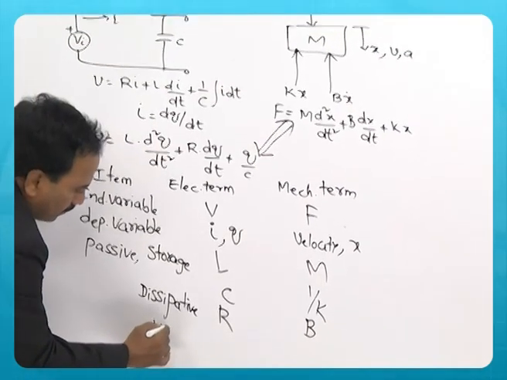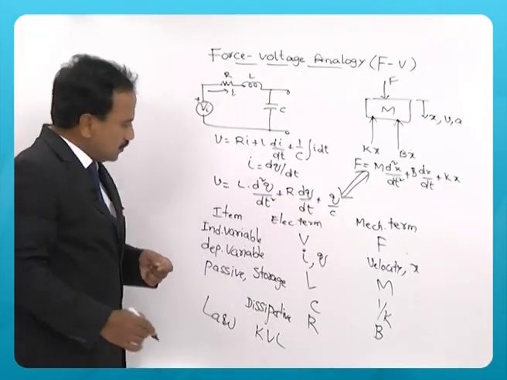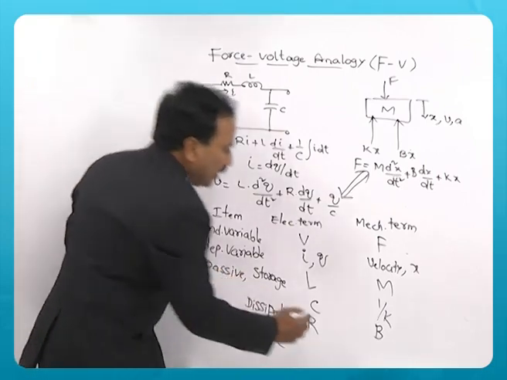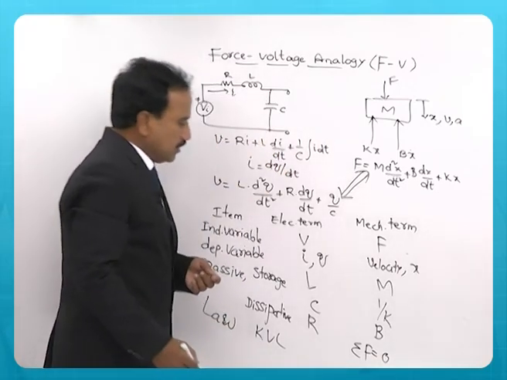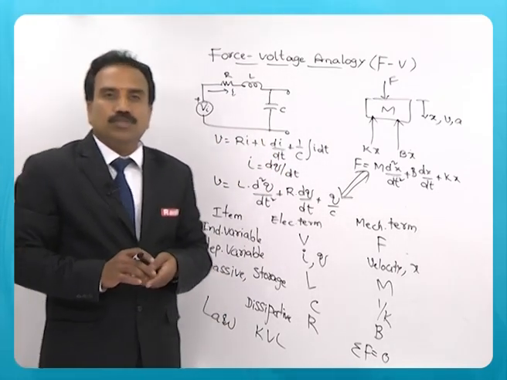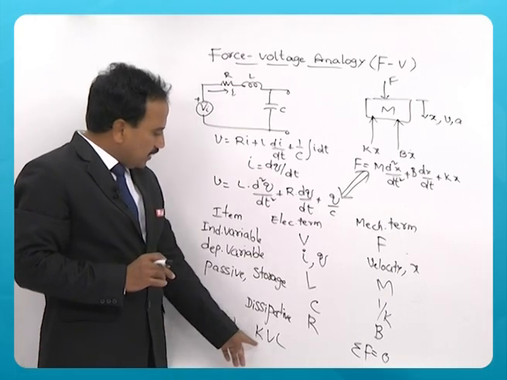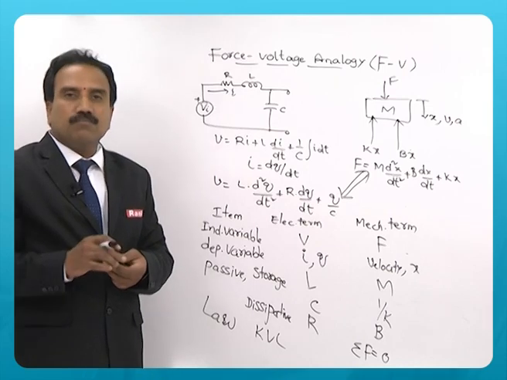It is KVL, and here sigma force equal to 0, that is Newton's second law of motion. So, the law associated to electrical system is KVL and here Newton's second law of motion.